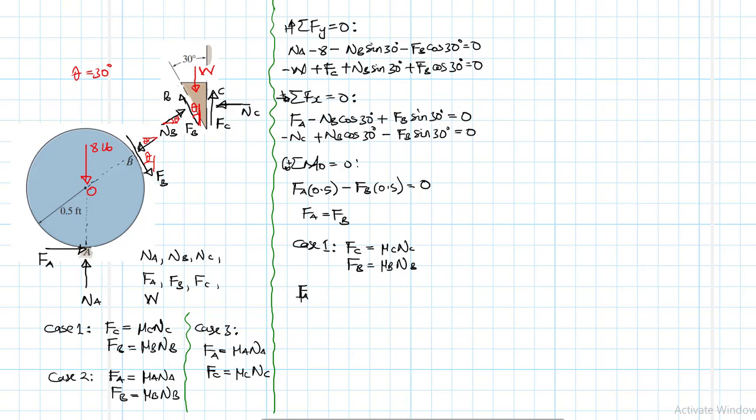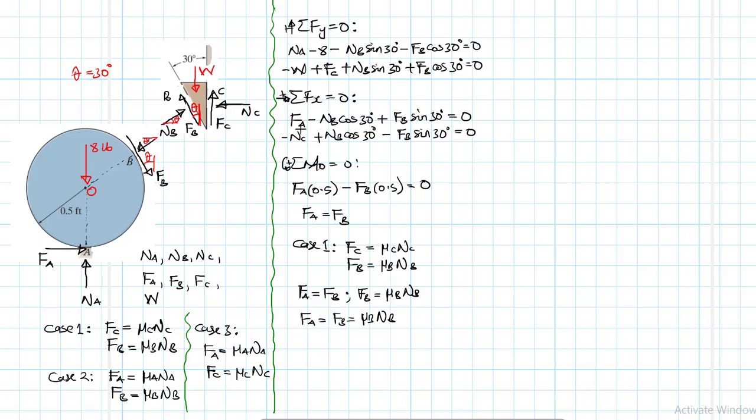We know that FA is equal to FB, and we just said FB is equal to mu B NB, and therefore our FA will be equal to FB, which is equal to mu B NB.